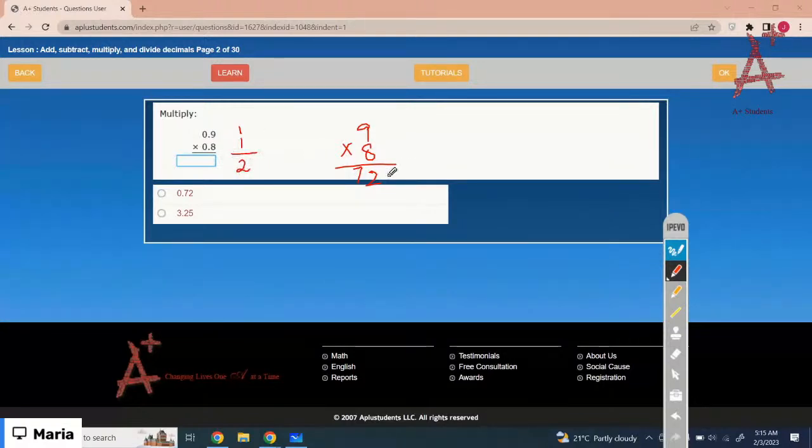So basically the decimal point is here. Move it two places left. So it would be then 0.72. So just select the correct option and click on the OK button.